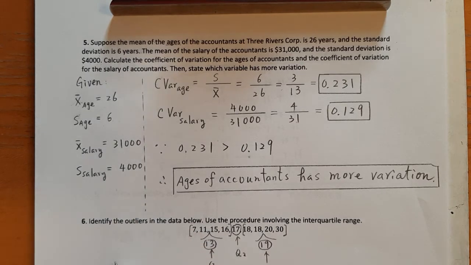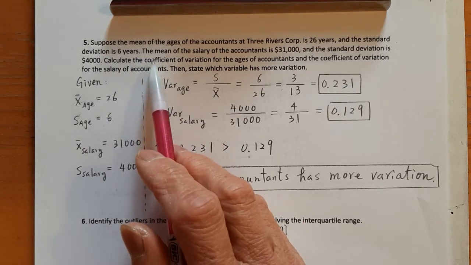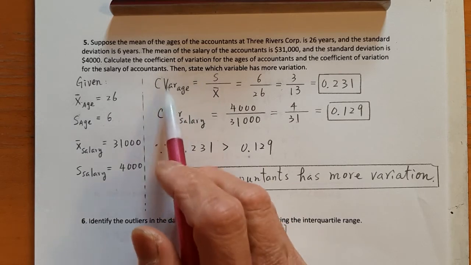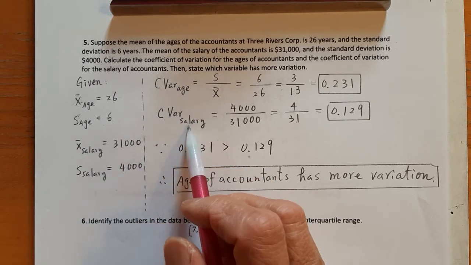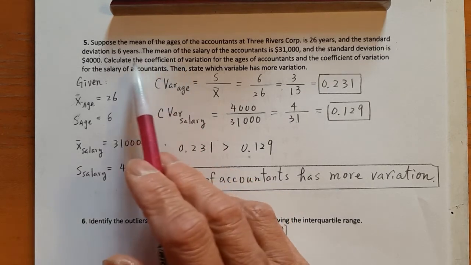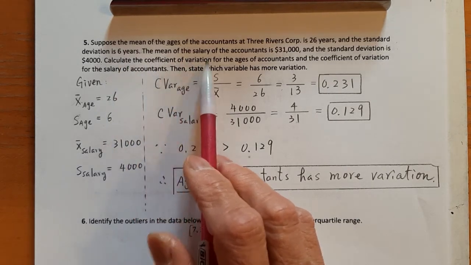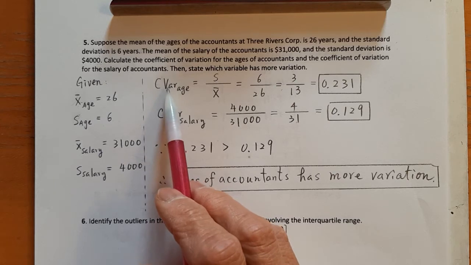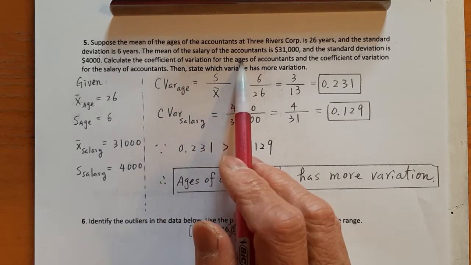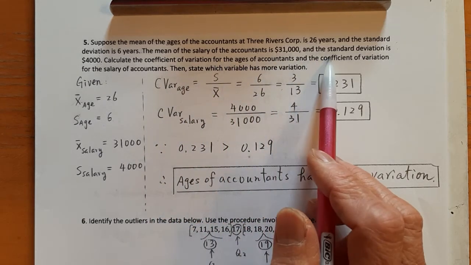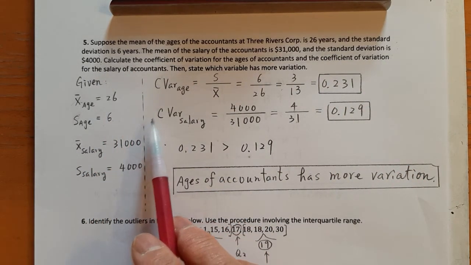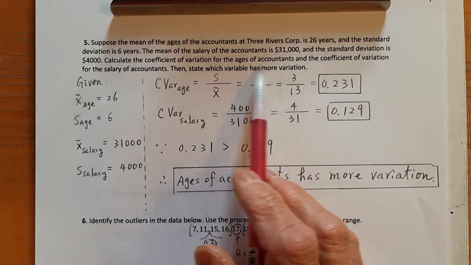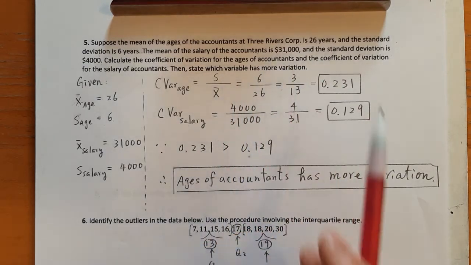The question asks you to calculate the coefficient of variation, CVAR, for each one, for age and for salary, and then state which variable has more variation.